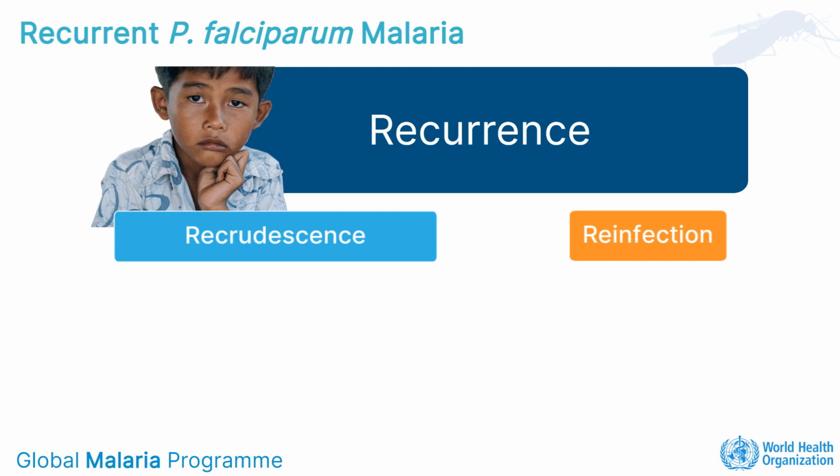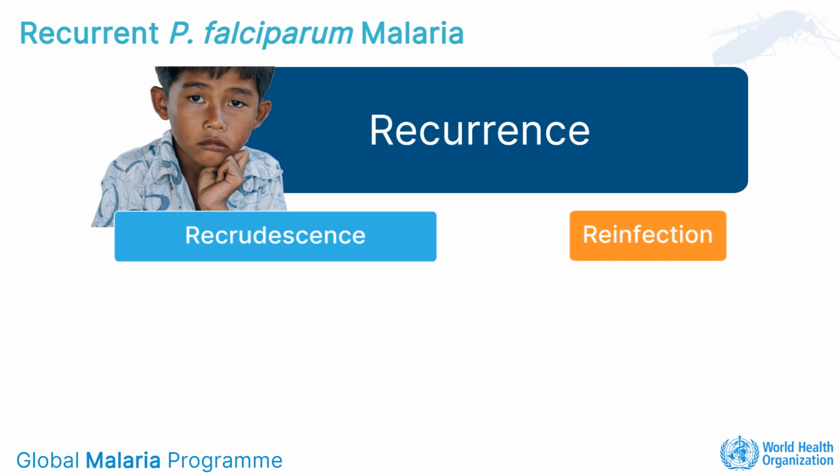Recrudescence is a recurrence of parasitemia of the same genotype that caused the original illness due to incomplete clearance of asexual parasites after treatment. It can be difficult and at times impossible to differentiate between a reinfection and a recrudescence without genotyping both the initial and the recurrent infection. But an apparent recrudescence should be investigated to try to understand the reason for the treatment failure.